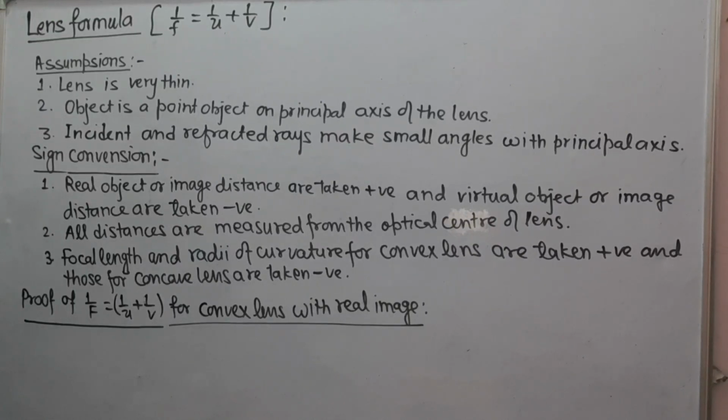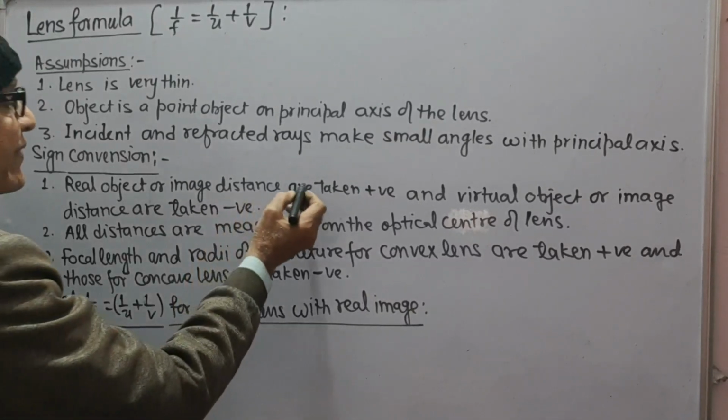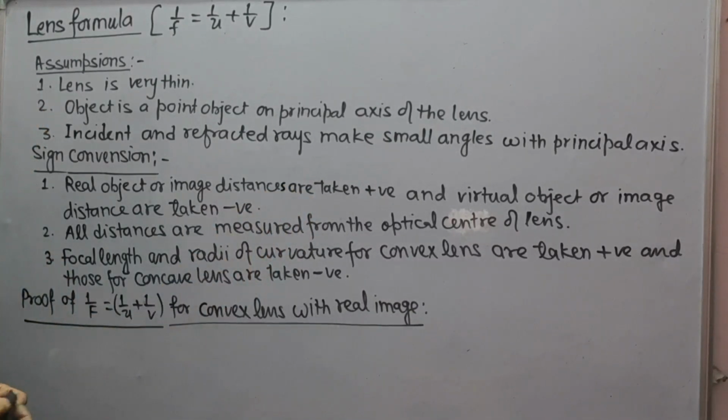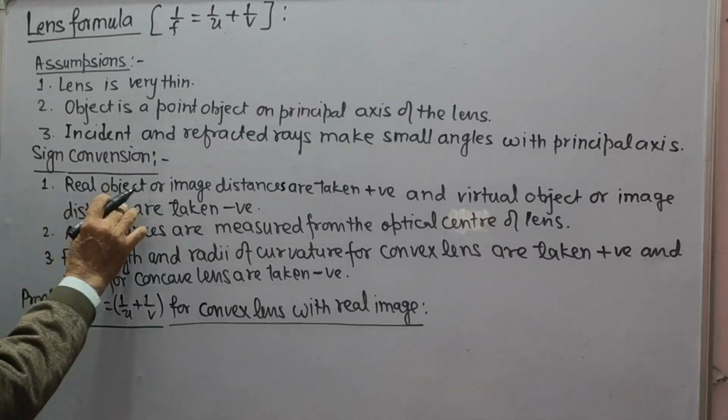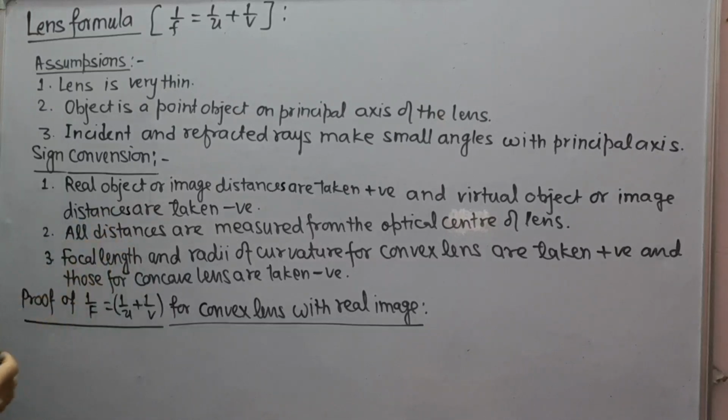Now sign convention. First, real object or image distances are taken positive, and virtual object or image distances are taken negative.